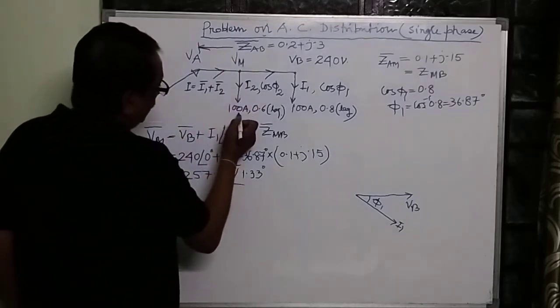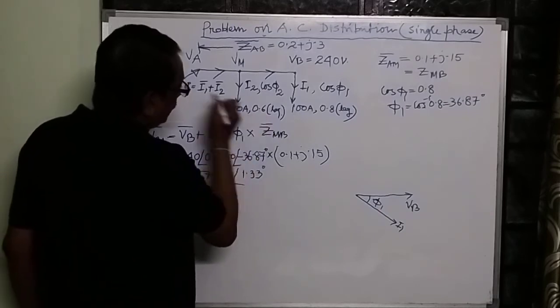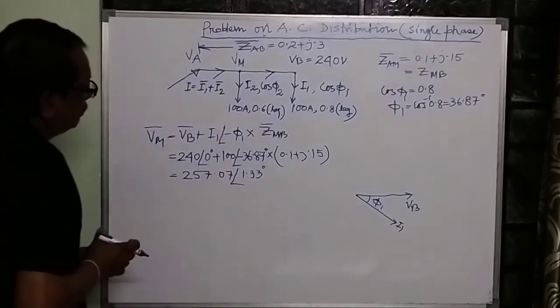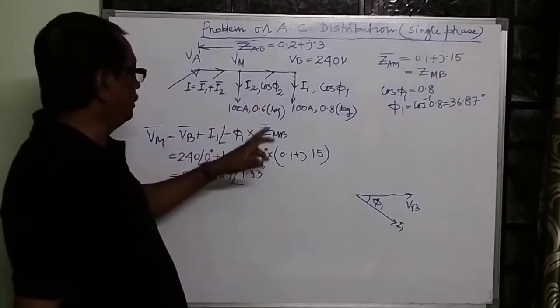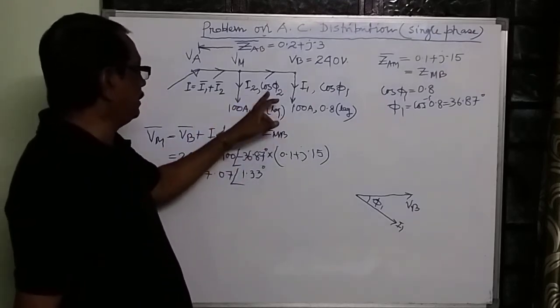Now this current 100 ampere at 0.8, by abbreviation, is written as 100 I2, and 0.6 is written as cos phi 2.